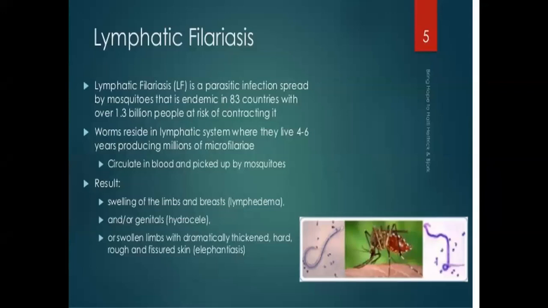Now, how does lymphatic filariasis happen? Lymphatic filariasis is a parasitic infection spread by mosquitoes that is endemic in 83 countries, with over 1.3 billion people at risk of contracting it.